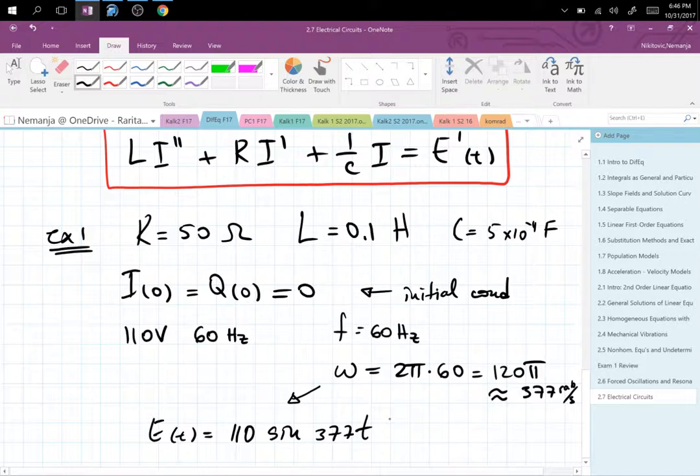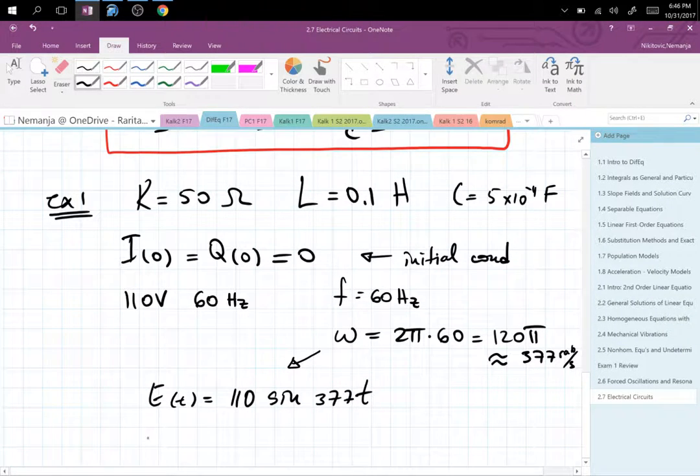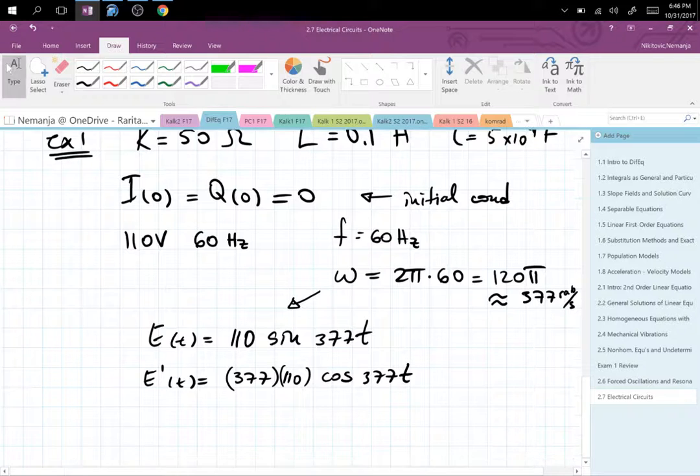But for our equation, we need E prime. So we have to differentiate this. We have 377 times 110 times cosine of 377t.